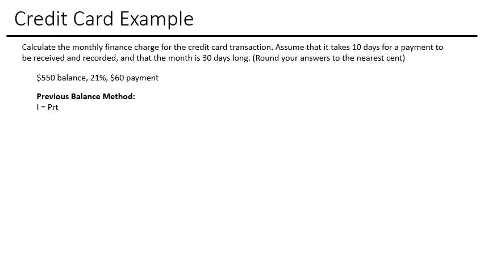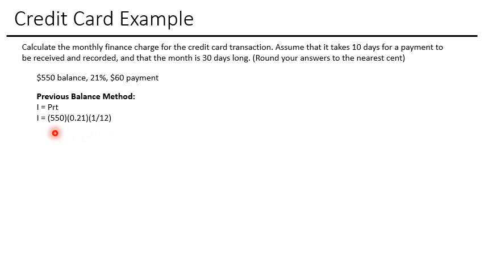So the first method is the previous balance method. In this method, you will basically just use the balance that you're given, and you will just plug in the information that you have. So we have the balance of $550, the 21% interest, and because the time in this case is done in years, we are 1 month, because we're talking about 30 days, it's 1 month out of 12.